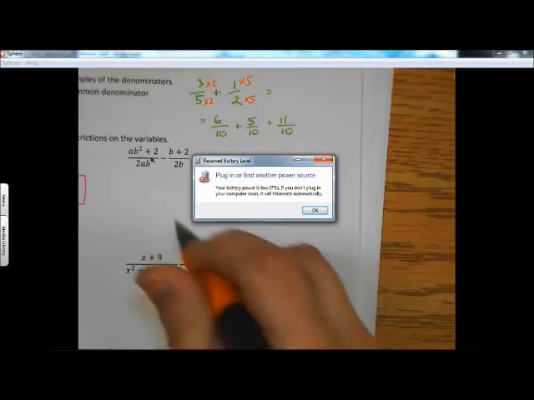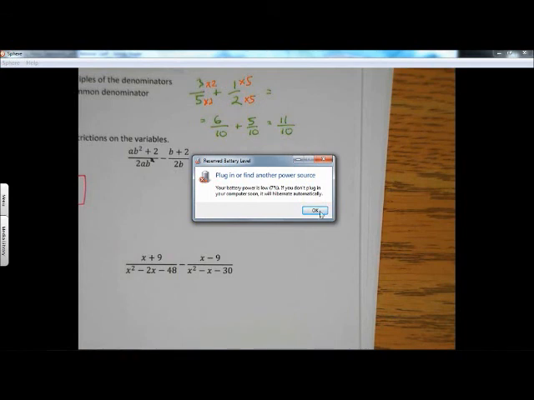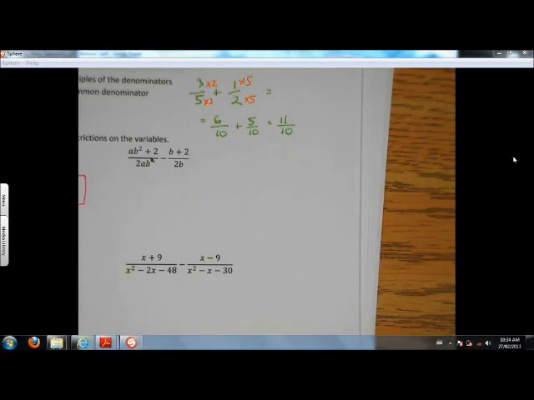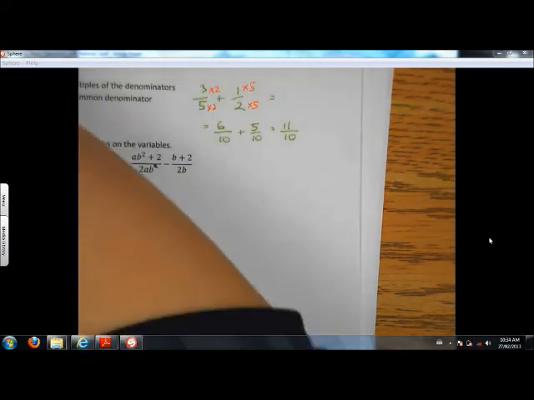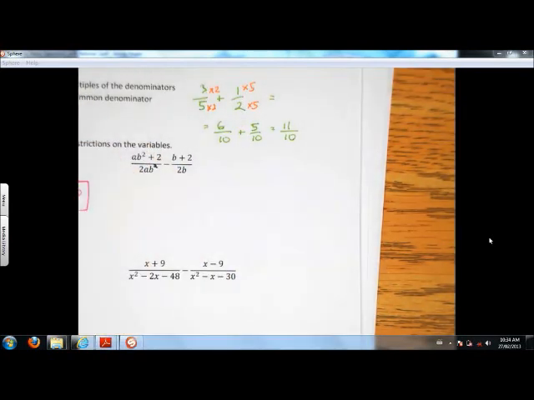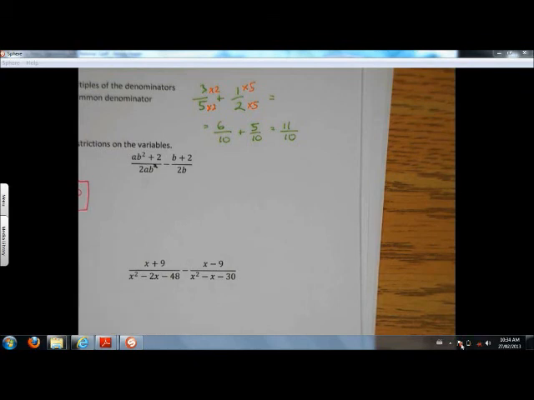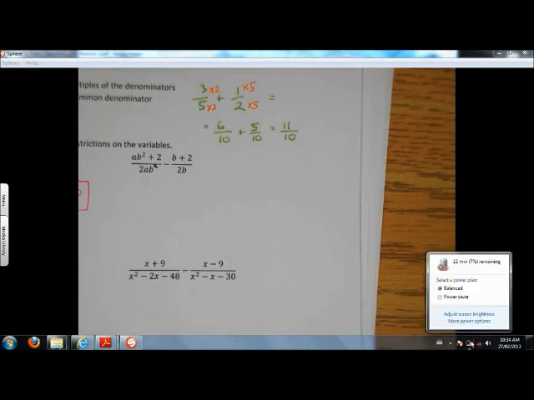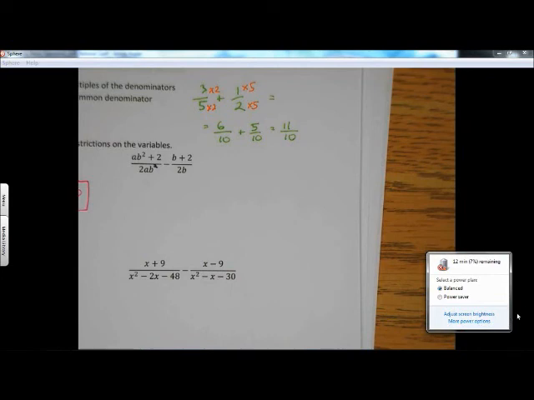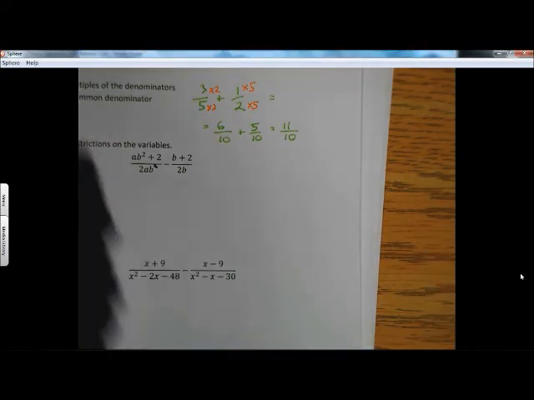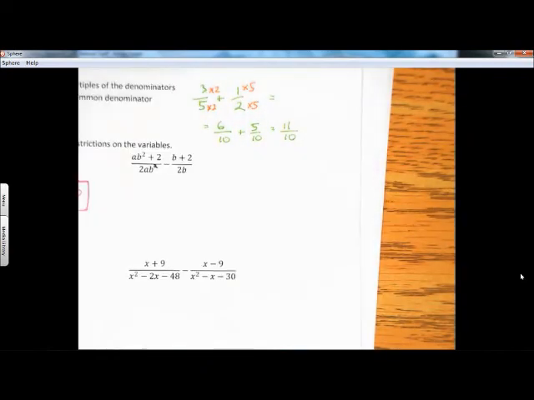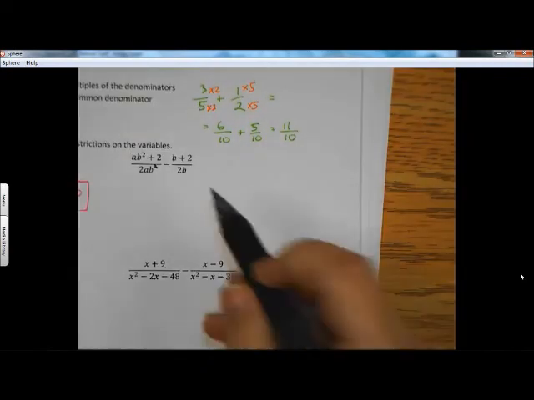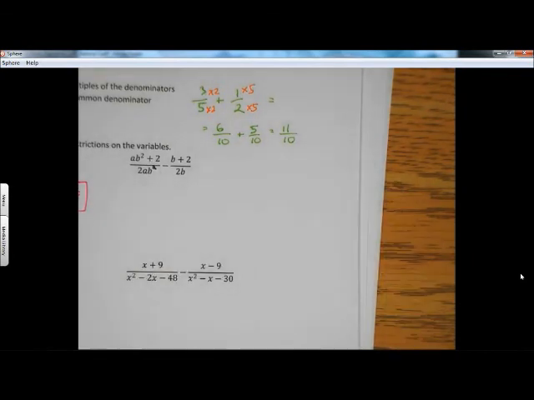So what's the lowest common multiple? So now that I've changed this to a 2, what's the lowest common multiple?